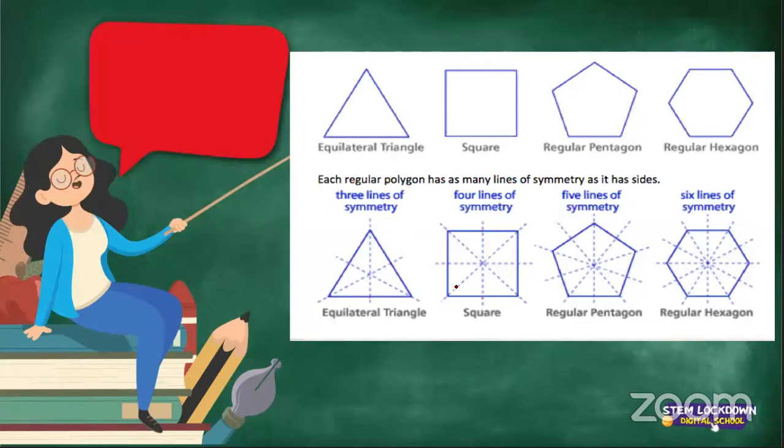From this point here, where the 2 lines meet, you go straight and draw your line. So even if you take a page after this lesson and draw a square, you can cut it up and fold the square into halves as many ways as you can, and you'll see the lines of symmetry that it has.